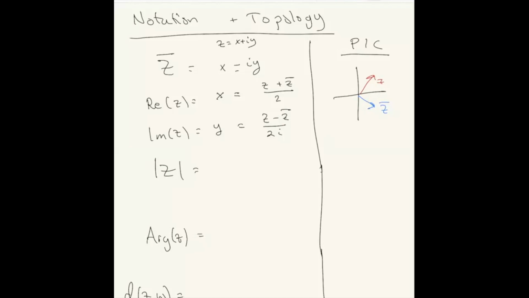We haven't yet defined that, but I'll say what it is. And we need this r, another name for it is the norm, is square root of x squared plus y squared, but it can also be represented as square root of z times z bar. An argument of z we just explained was arctangent of y over x.